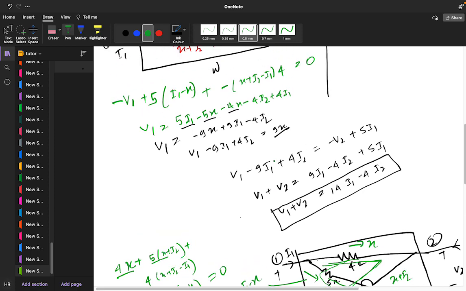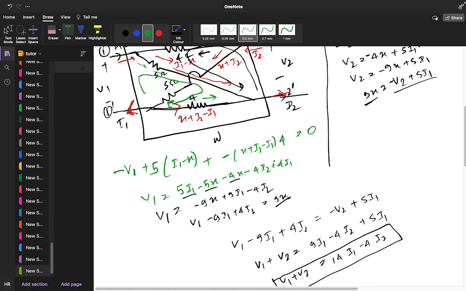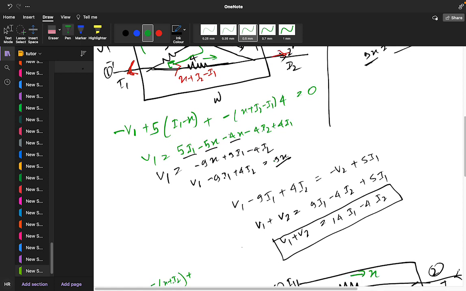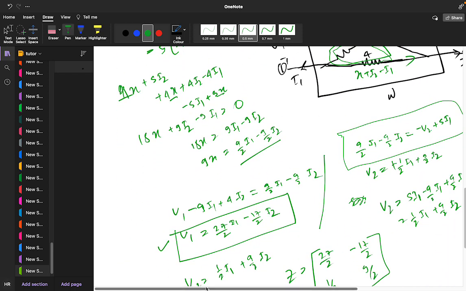V1 minus 9 I1 plus 4 I2 is equal to 9x. So we equated that, and 9 by 2 is there. If we solve this, we are getting 27 by 2. That is correct.